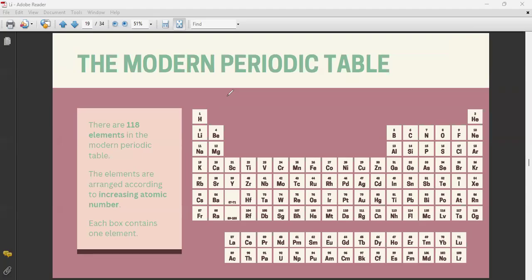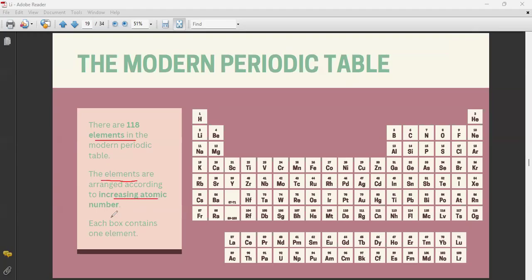Now here are some basic structural features of the modern periodic table. Let's see how the elements are placed in the modern periodic table. There are 118 elements in the modern periodic table, and all the elements are arranged according to their increasing atomic number.